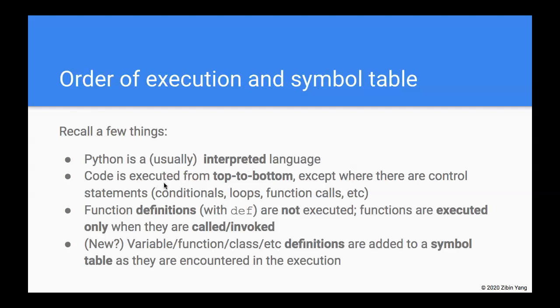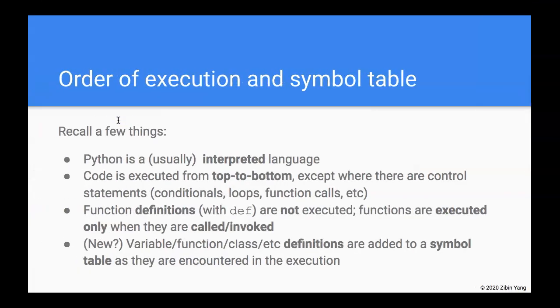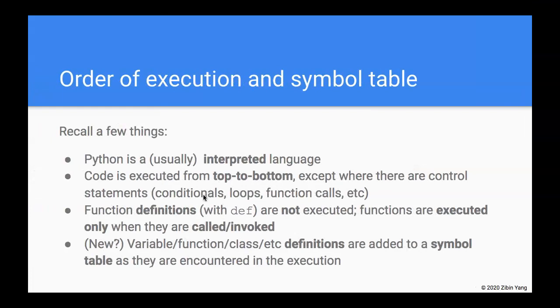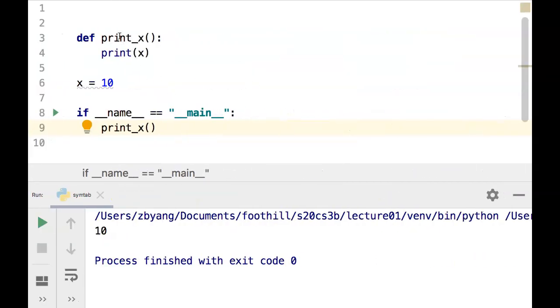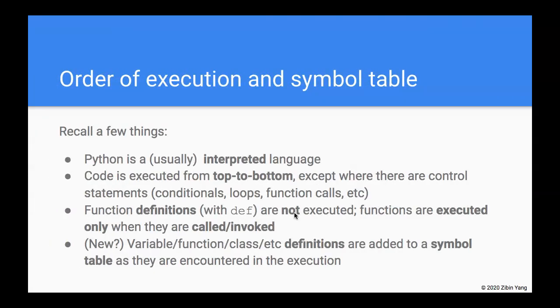The second thing, true for most programming languages, is that the code is executed from top to bottom, except when there are control statements such as conditionals, loops, and function calls, etc. Third, function definitions are not executed when we define them. The functions are executed only when they're actually called.